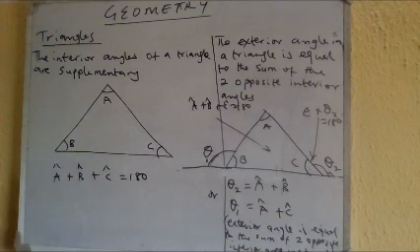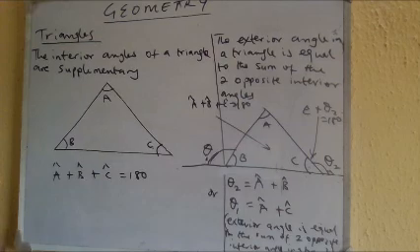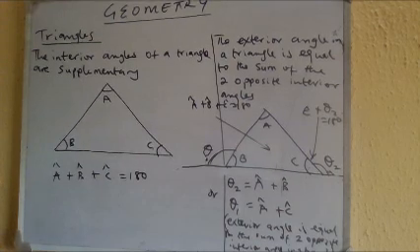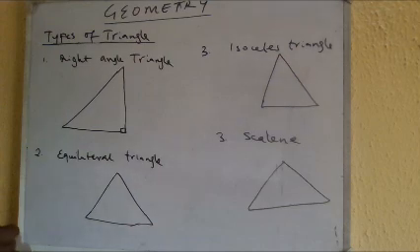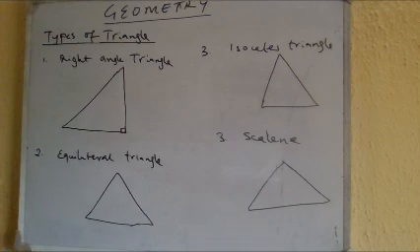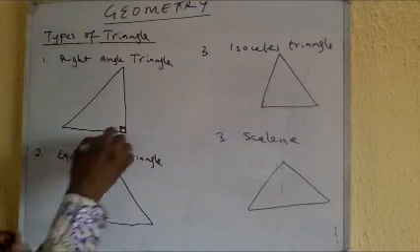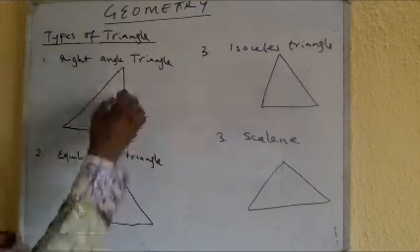Okay, so we are building up our knowledge base because we are going to be solving some complex problems in this video series. Okay, so we go on to the types of triangle. So we have the right angle triangle. The right angle triangle is a triangle that has one angle of 90 degrees, as in the two lines are formed at 90 degrees.